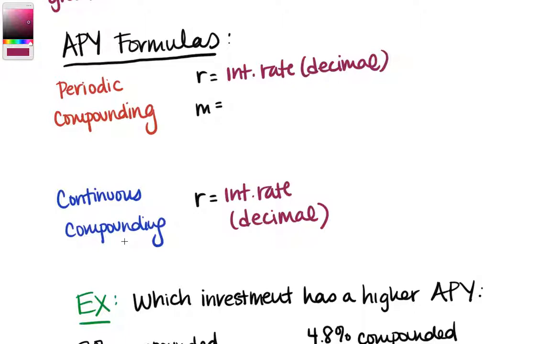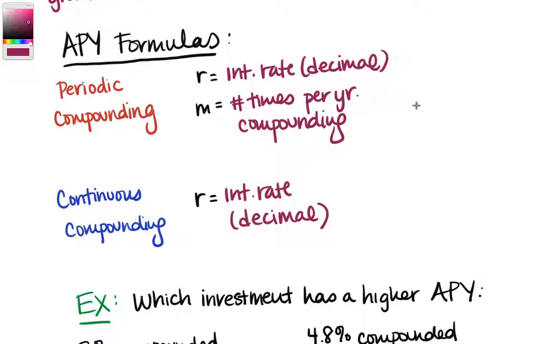With continuous compounding, that's all we need. And with periodic compounding, we need the period, so how many times per year your interest is compounding.